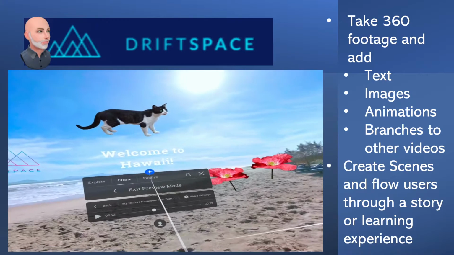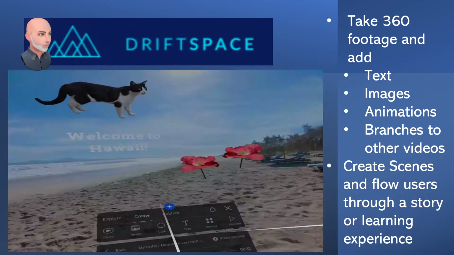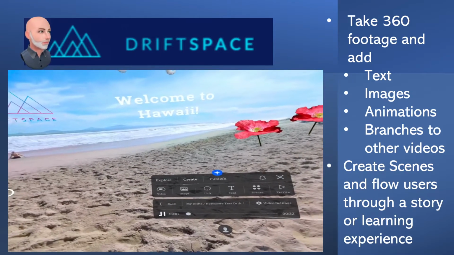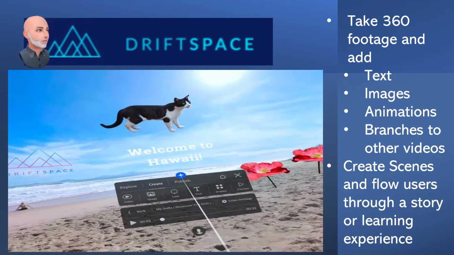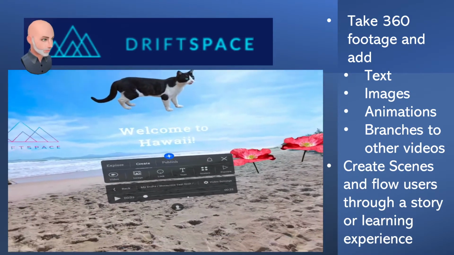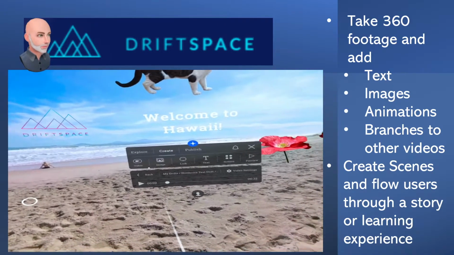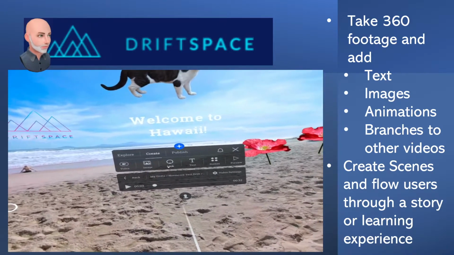Yeah. And that's how easy it is. So we can exit preview mode. But that is exactly how easy it is to go from the editor to what the final experience is going to look like for the viewer. And you can just switch back and forth however you want.